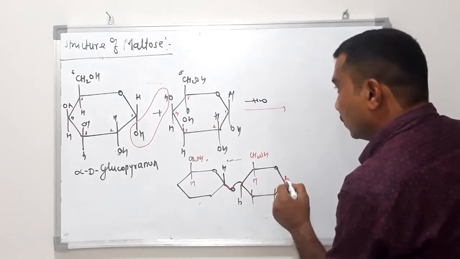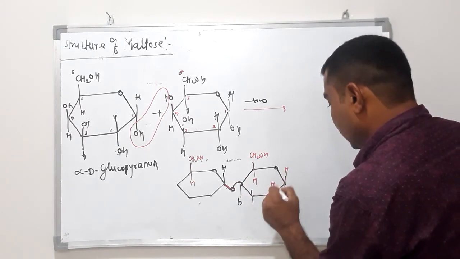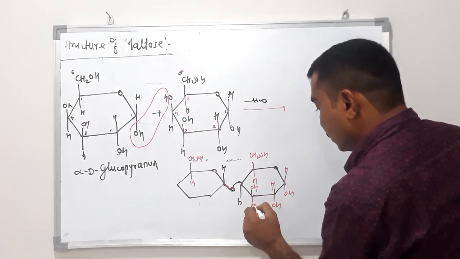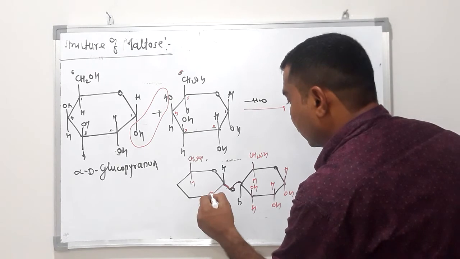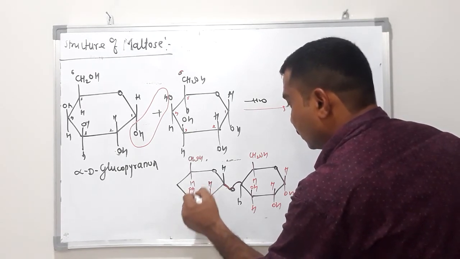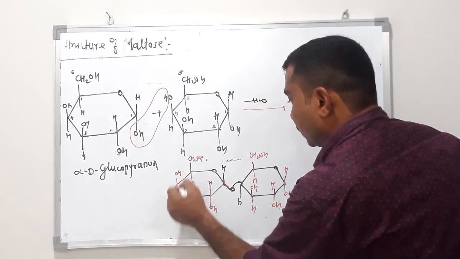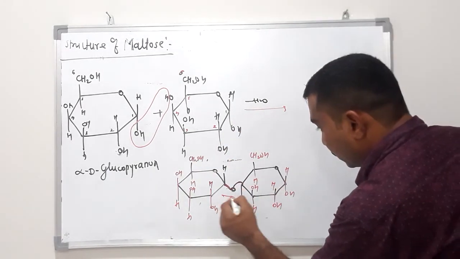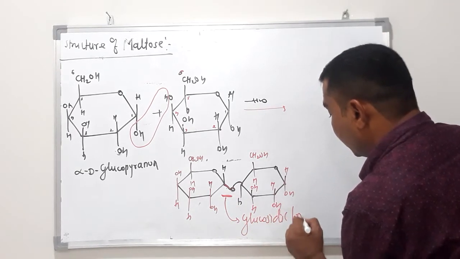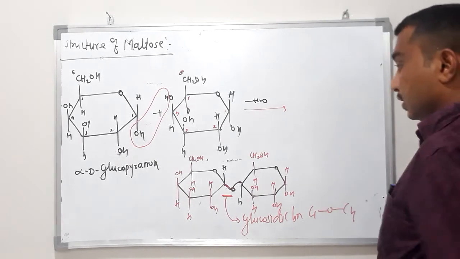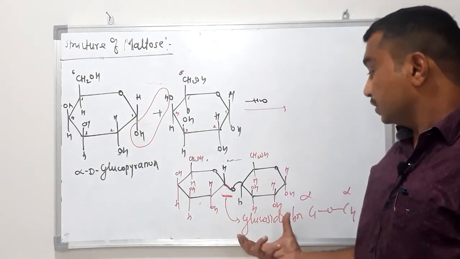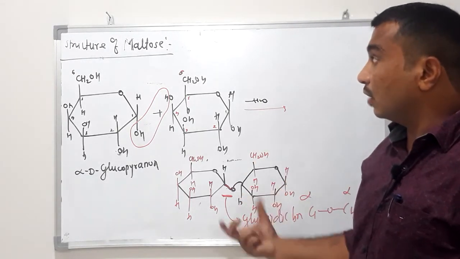CH2OH, H, OH, H, OH, H, OH, H, OH. This bond is the glycosidic bond between C1, oxygen and C4. Both are alpha D glucopyranose, alpha D glucopyranose. So this is the simple structure of maltose.